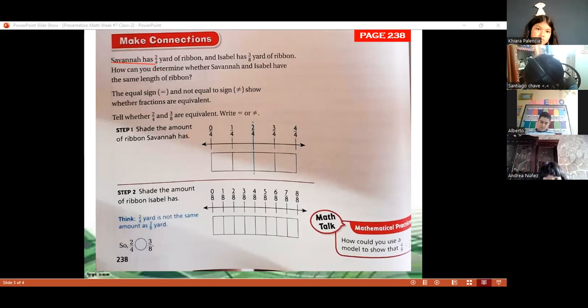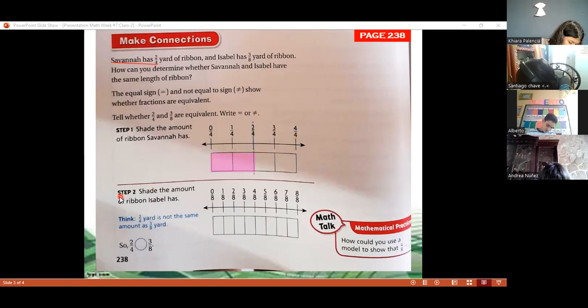So we're going to shade or color the amount for Savannah. I have 0 out of 4, 1 out of 4, and 2 out of 4. So I'm going to color all this part, 2 out of 4, because that is the fraction. I have 3 out of 4 and 4 out of 4 that it represents, but I'm using 2 out of 4.